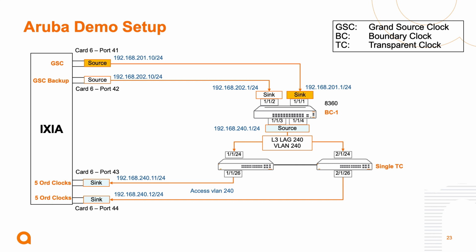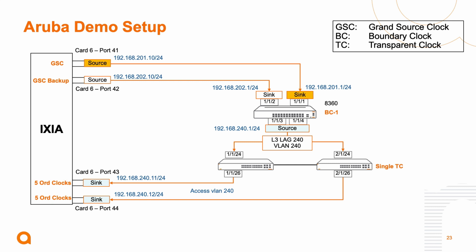We are, in this case, using a layer 2 connection, so the transparent clock is working as a layer 2 switch. The reason is that I want to show the need for using VLAN 240 and how we use that in PTP.